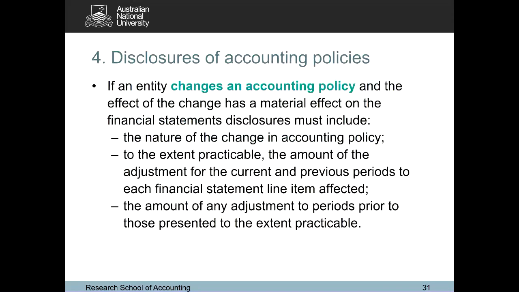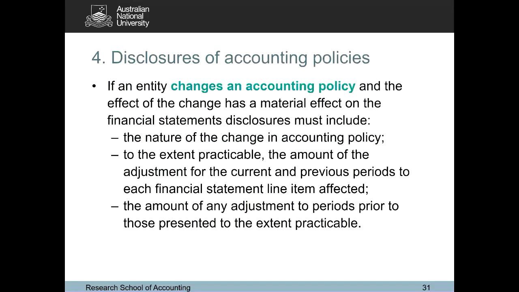The new leases standard starts to be effective from this year. So when you look at the annual reports, the leases content might be different. If they change the policy per the requirements of the standards, you still need to disclose the changes and how that may affect the previous figures, present figures, and future figures. So you need to show that, all right?